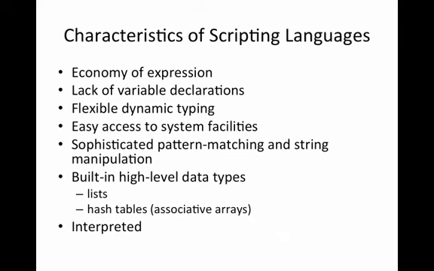I could quickly assign different icons and different text strings to that button to see what the customer thinks. And because I'm using dynamic typing, I'm able to have that label alternate between icons and text strings without having to shut down my system, change the type of the variable from a text string to an icon, and then reload it. So I have much faster prototyping with an interpreted language.